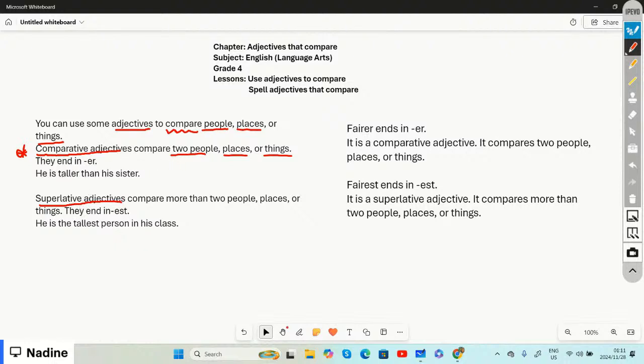We are comparing his height to his sister's.